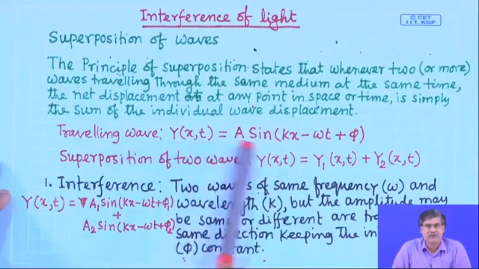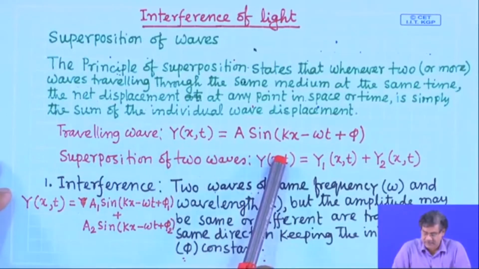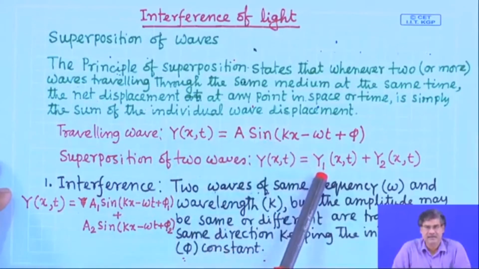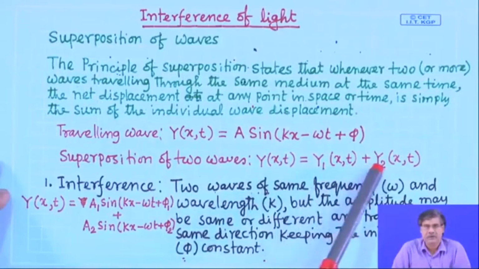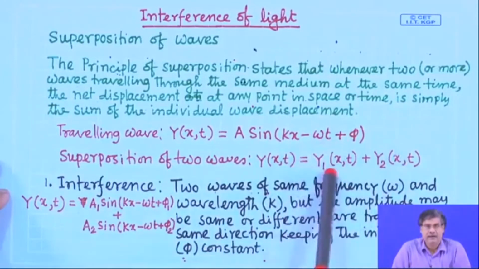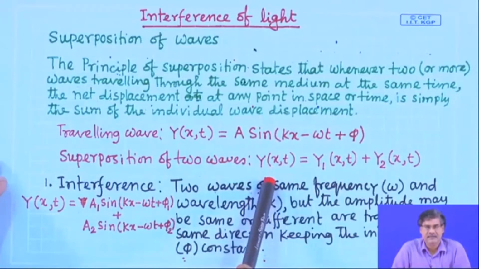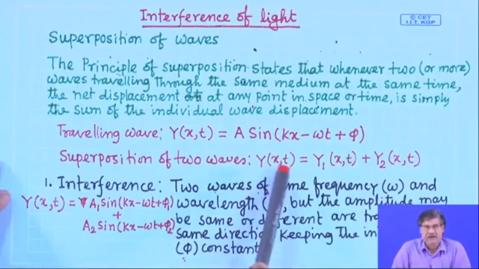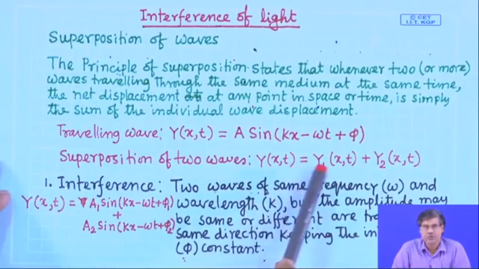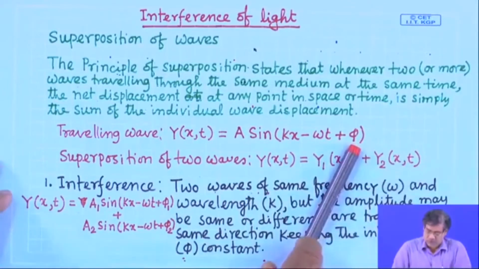Superposition of two travelling waves is basically this: if the displacements of the two waves are y1 and y2, the resultant of the superposition, expressed as y as a function of x and t, will be equal to y1 plus y2.